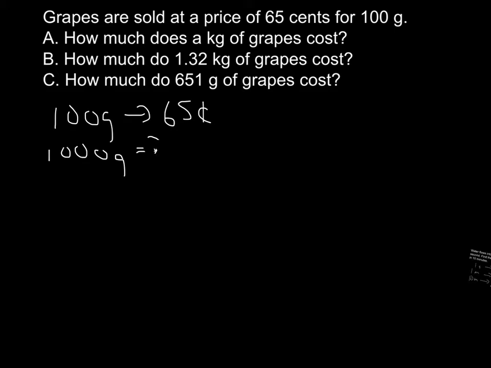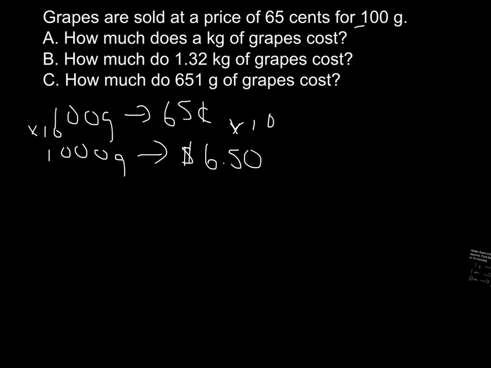And so what I'm going to do with that is I'm simply going to say, well, 100 times 10 is 1,000. So I'm going to do 65 times 10. Excuse me, 650 cents. Or, of course, we would usually say that as $6.50. And notice we actually changed from grams to kilograms, and we changed from just doing cents to dollars and cents. But we see that answer.